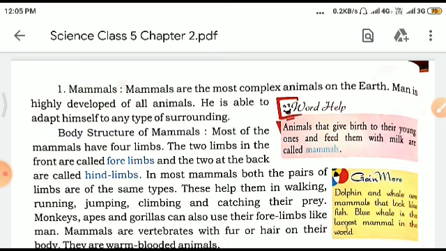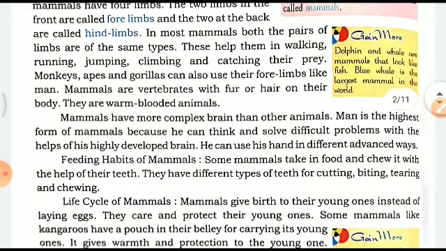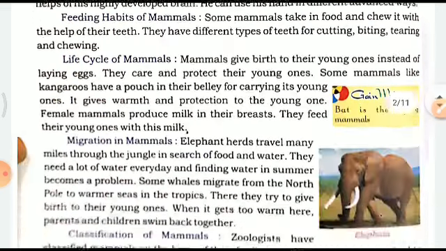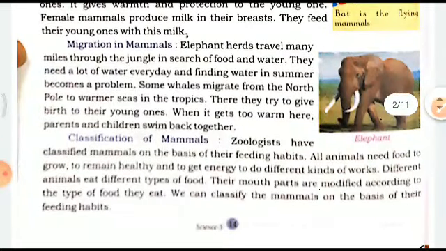Now we also studied about the body structure of mammals. They had forelimbs and hind limbs. Then we also studied that mammals have a more complex brain than other animals, and we went on to study the life cycle of mammals. They give birth to the young ones instead of laying eggs. We also studied about migration in mammals, that they migrate from one place to the other, maybe alone or maybe in herds.